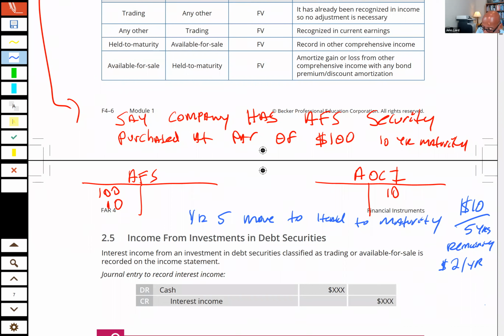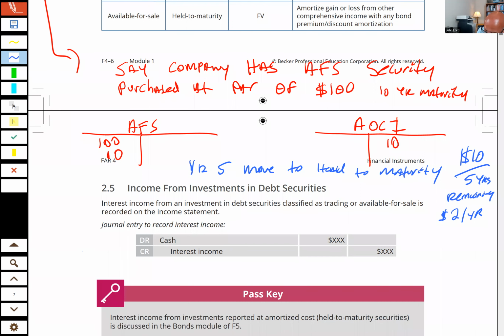Okay, so what they would do is each year they would debit the other comprehensive income, unrealized gain on the security. Okay, so we would go ahead and debit other comprehensive income for $2, and credit the security for $2 each year.